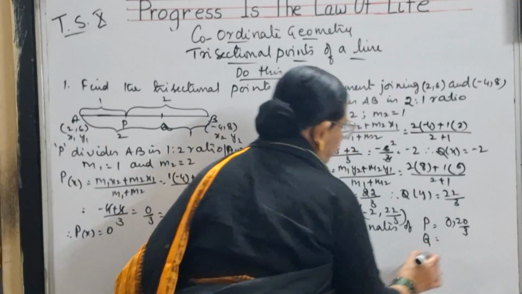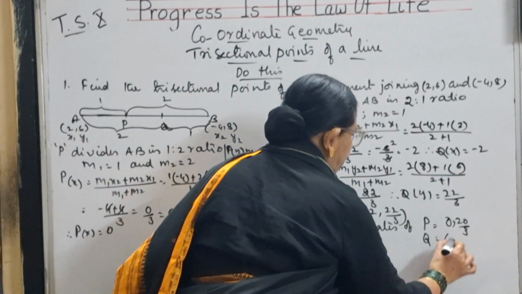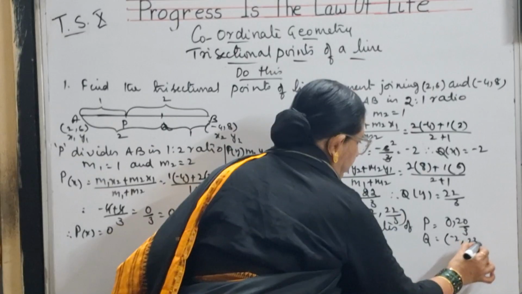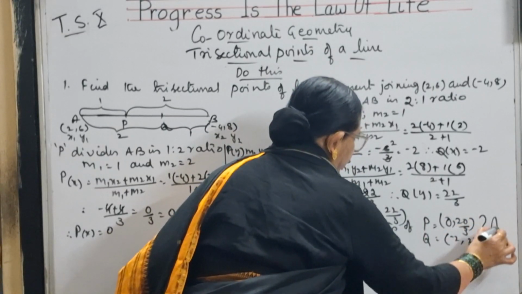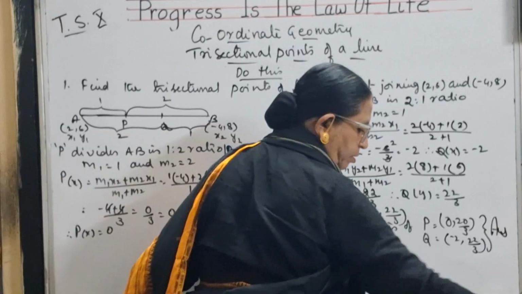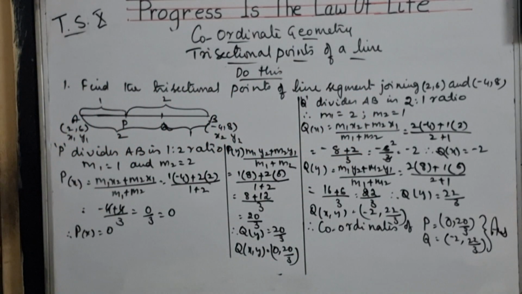Q is equal to, what is Q of x we have got? Q of x is minus 2 comma 22 by 3. These two are the answers for this bit, children. All sums are of the same type. Only the thing is you have to substitute the values and your calculation should be perfect.